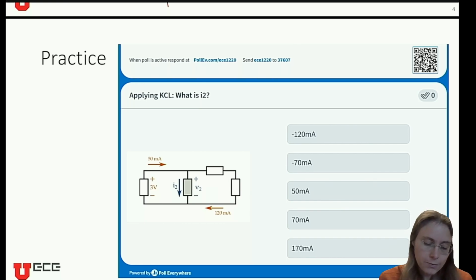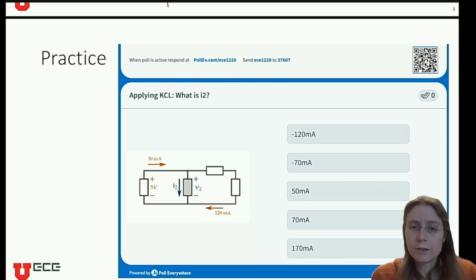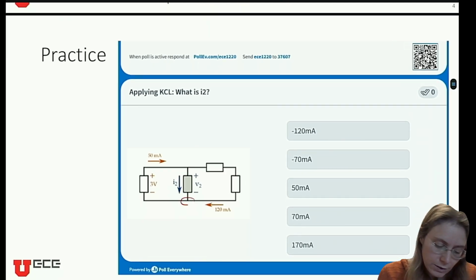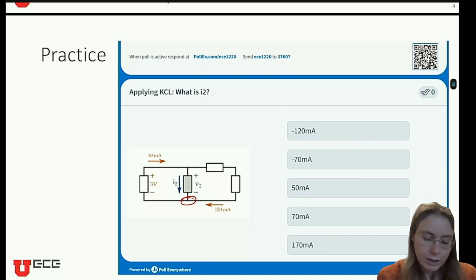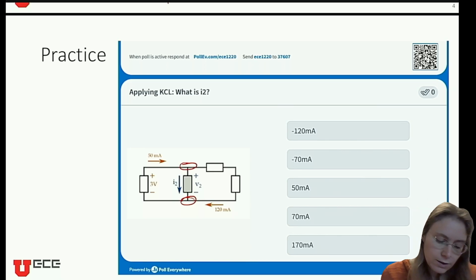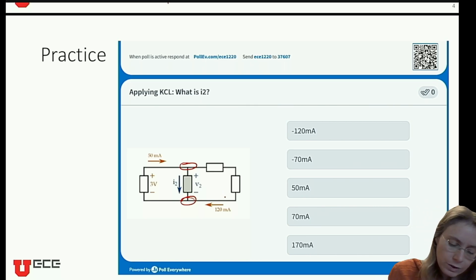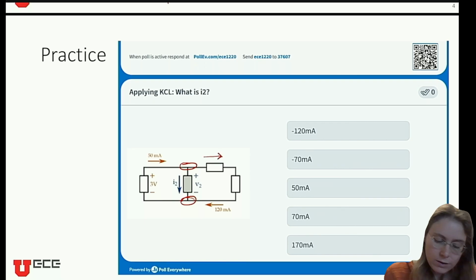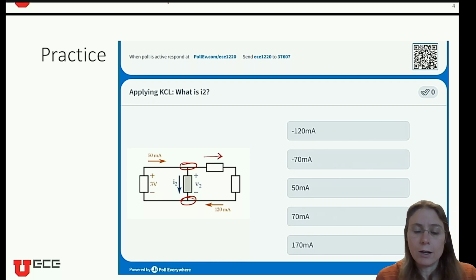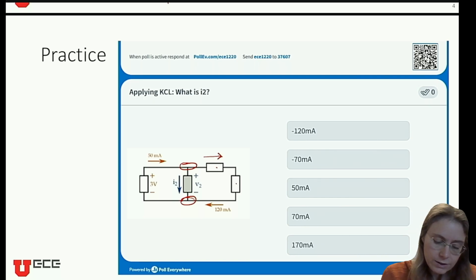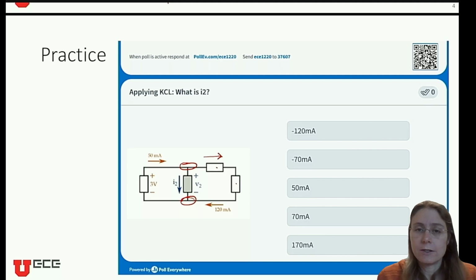Okay, so there are two places I could look on the circuit to solve this. I could look at this node down here where these 3 wires come together, or I could look at this branch up here where these 3 wires come together. We know the current right here, and we know that because these two devices are in series.